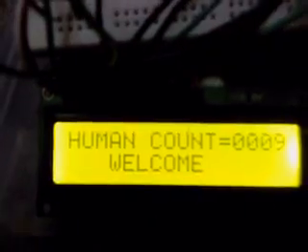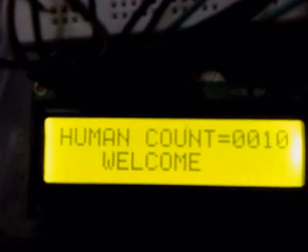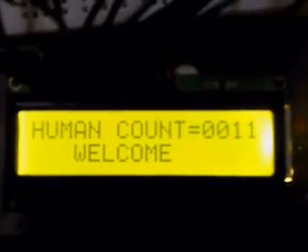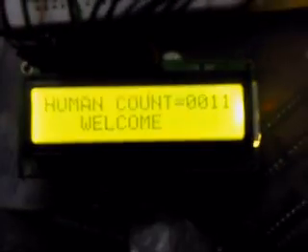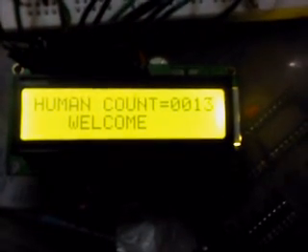In the initial condition, the IR sensor is sending IR rays at the photodiode, and the photodiode is accepting those infrared rays, and the output from that circuit is 1 at that time.